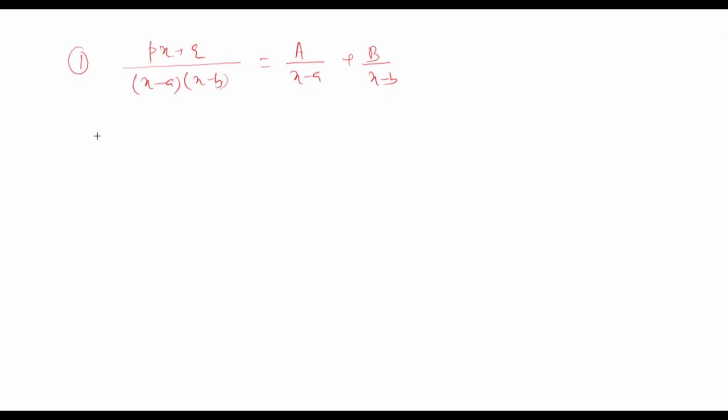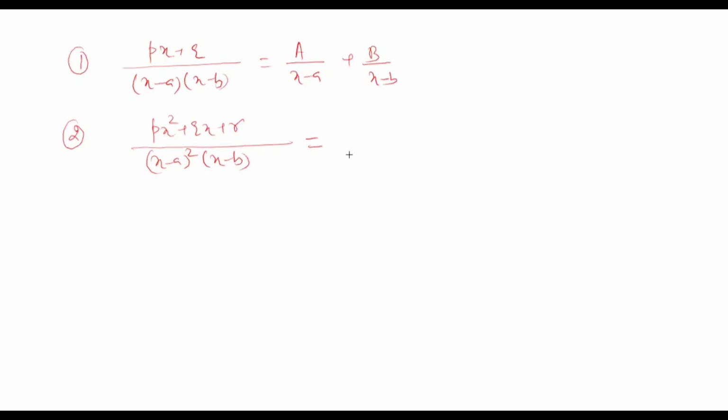All right. This way, the same expression, for example, px square plus qx plus r, and the denominator is actually x minus a whole squared into x minus b. In this type, what you're seeing is that the power of this is 2.